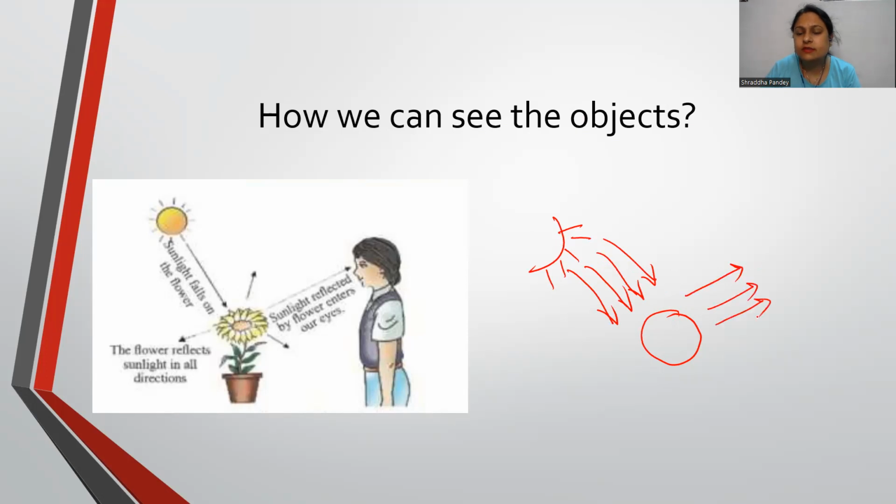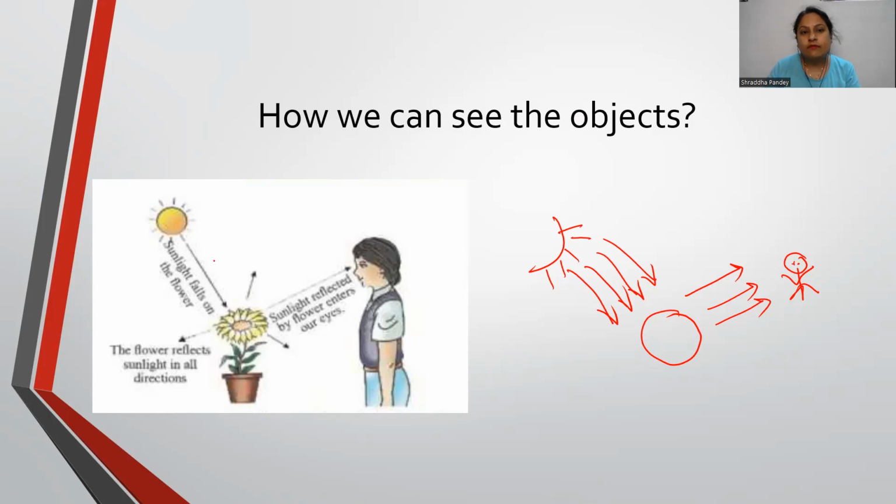The object reflects certain rays, and you are standing here. Those rays enter your eyes, incident on the retina of your eyes, and you are able to see the object.